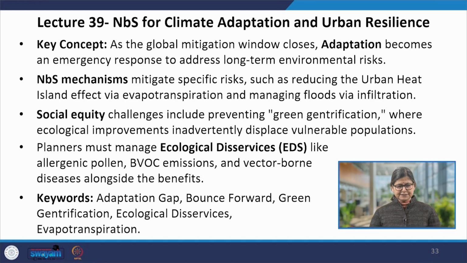Social equity challenges include preventing green gentrification, where ecological improvements inadvertently displace vulnerable populations. Planners must manage ecological disservices like allergic pollen, VOC emissions, and vector-borne diseases alongside the benefits. We discussed adaptation gap, bounce forward, green gentrification, ecological disservices, and evapotranspiration in this lecture.